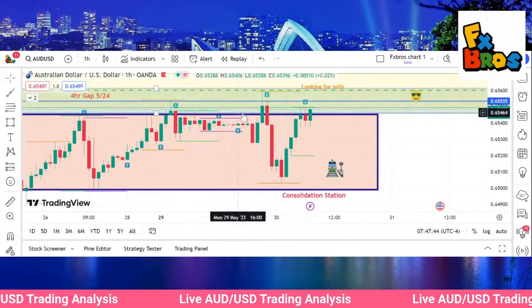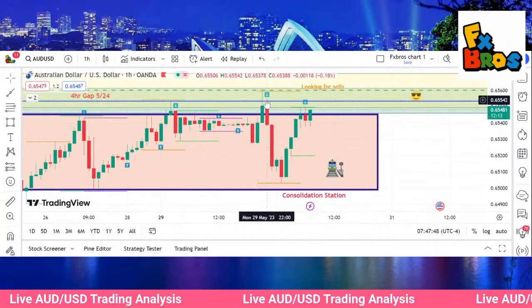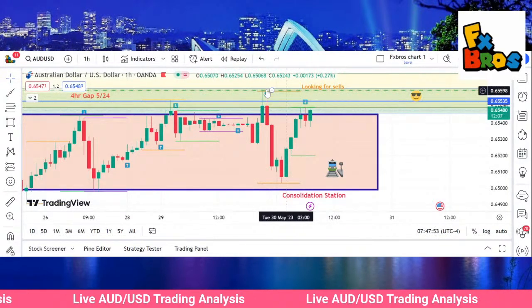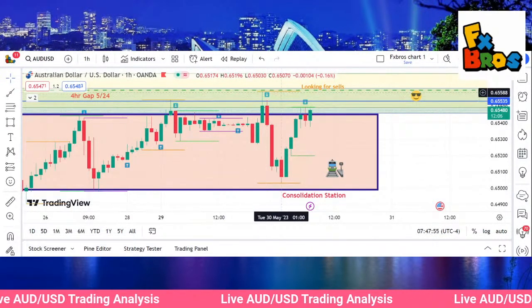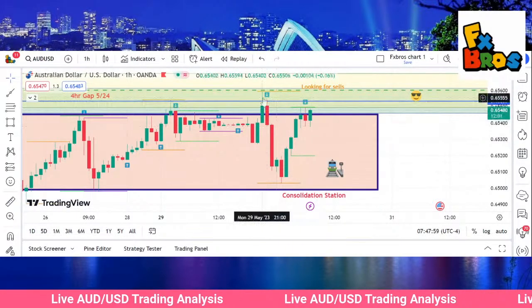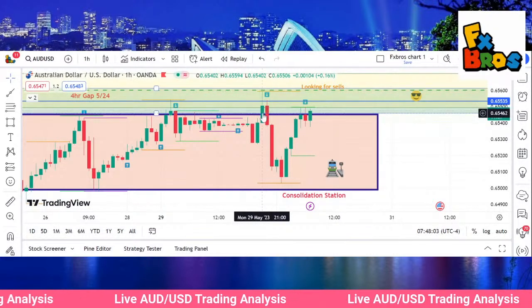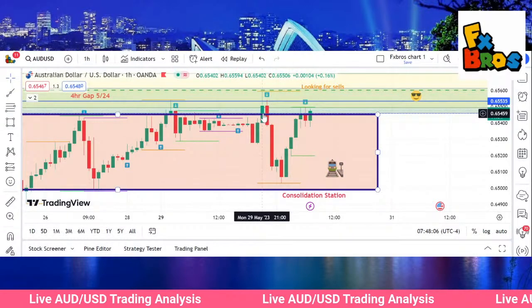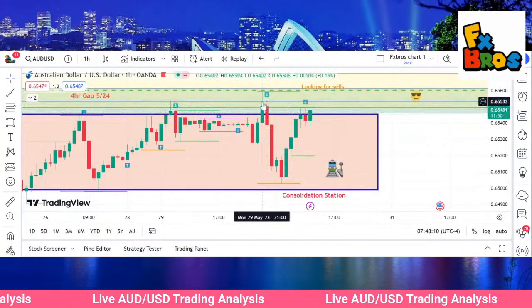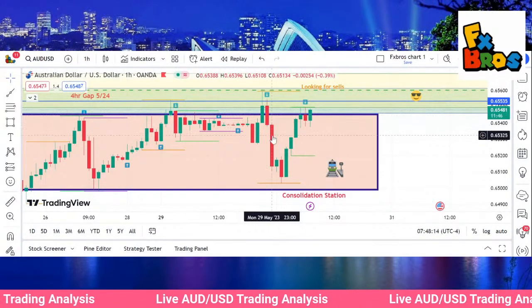Then, especially after that long extension to take out that 50% level of this range that we're looking at from the 4 hour, this 4 hour gap, that was tapped into on this hour. Nice body candle at 9 o'clock time, and then at 10 New York time, 9 Central, we get a nice bearish engulf, and that only engulfed one candle. So that's why you see the nice formation.